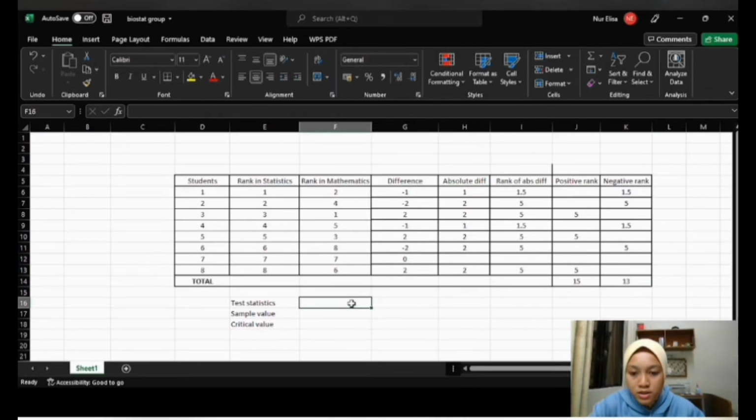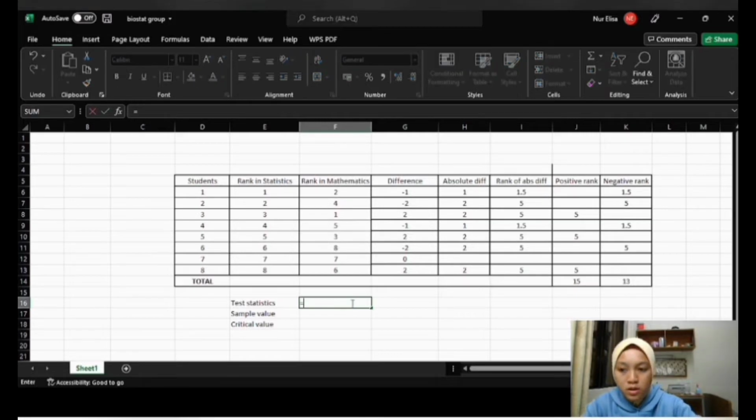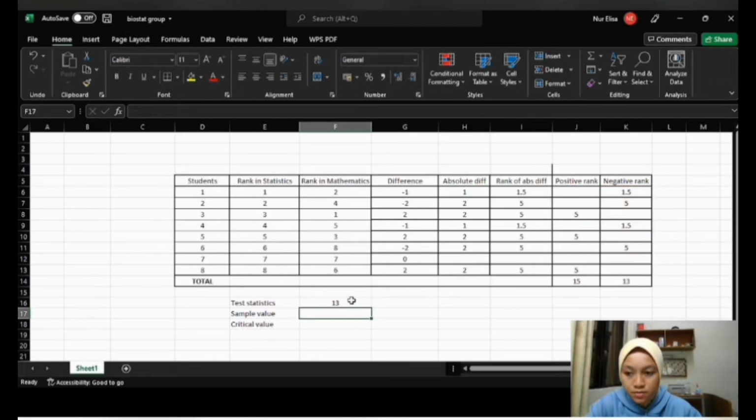And for the test statistic, equal, mean, open bracket, sum, open bracket, all the positive value, sum, open bracket, all the negative value. So we got 13.